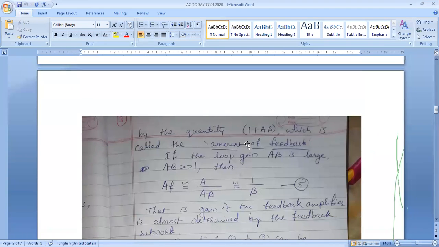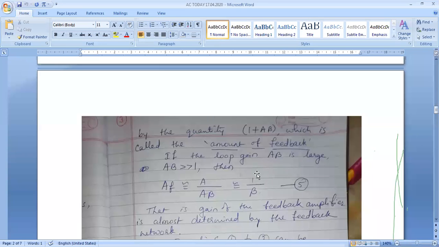Now the amount of feedback is nothing but the factor 1 plus A beta here. Now the larger the amount of feedback, the smaller the difference between the source signal and the feedback signal. That means the feedback signal will be nearly equal to the source signal when we use a large amount of feedback, or the difference signal Xi will be approaching almost zero.